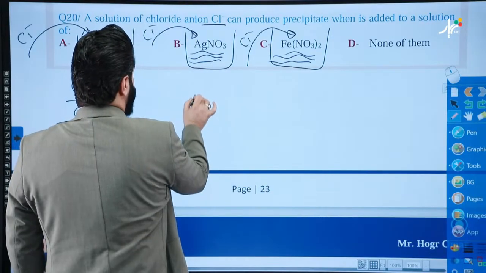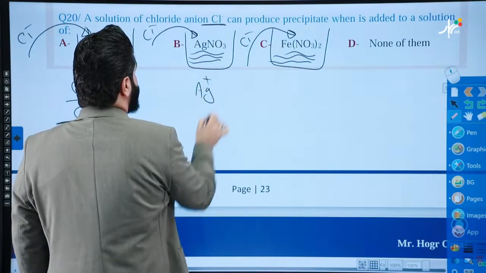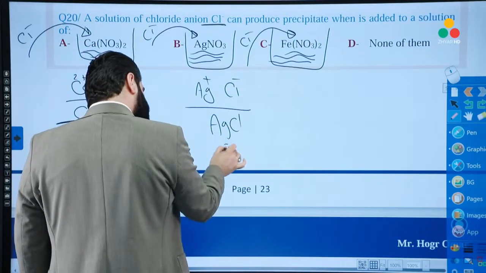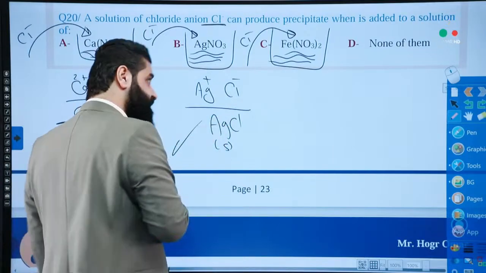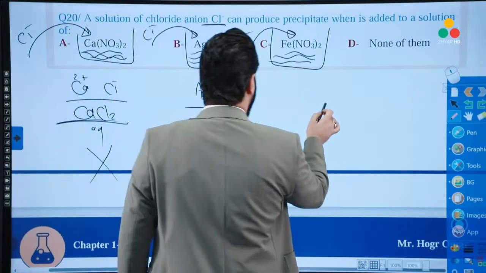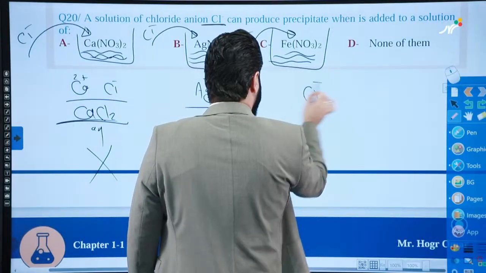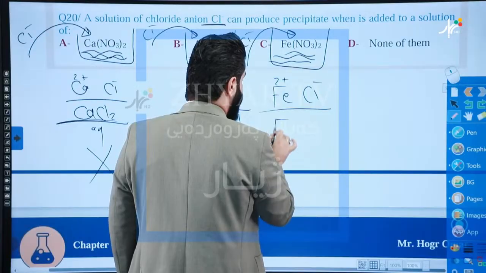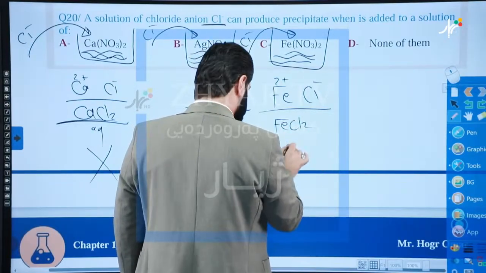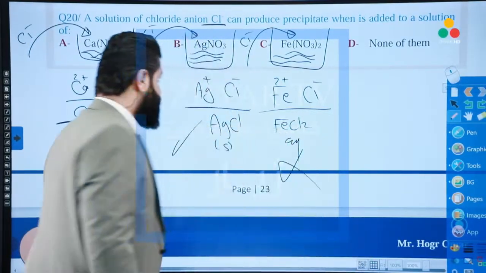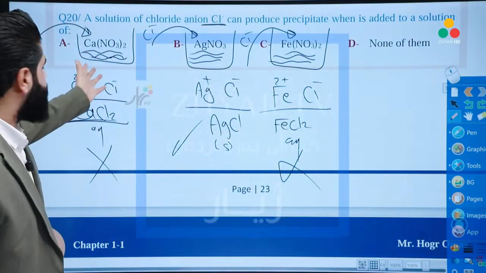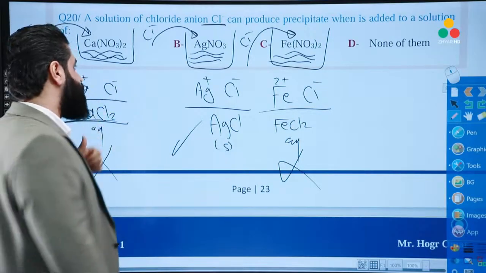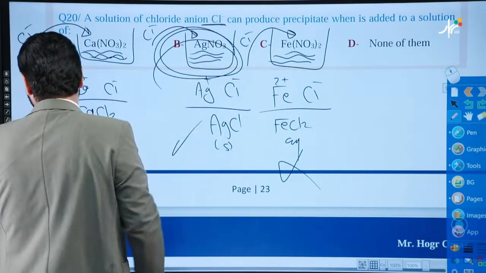Ag is a positive ion with Cl negative together. AgCl is a solid substance. Yeah, this is a correct answer. Again, bring the cation here for the combination with Cl to form FeCl2. This is aqueous also, no. So Cl can produce a precipitate with the solution of what? AgNO3, Cu(NO3)2 or Fe(NO3)2. So this is the correct answer.